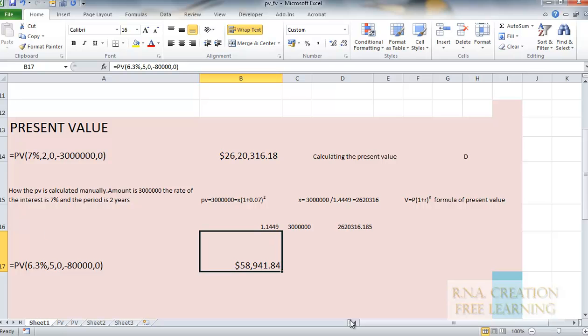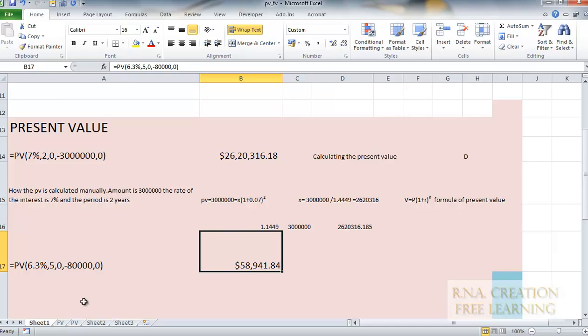So what would be the amount you would be putting in the bank? You would be putting $58,941.84, and then this is what you are going to get, $80,000 after the 5 years at the rate of 6.3%, and you can use it for whatever purpose you want.